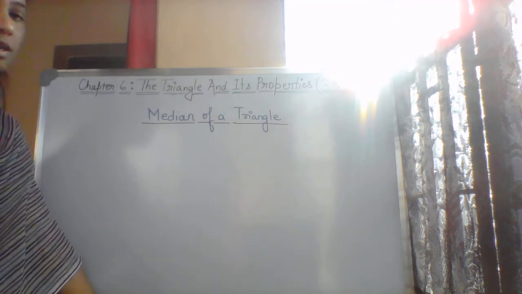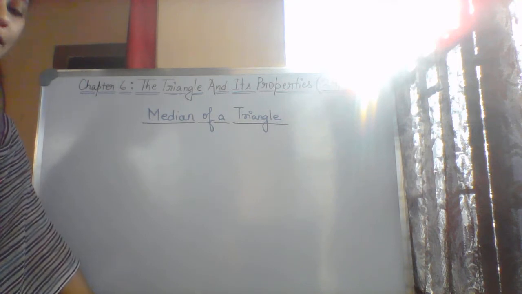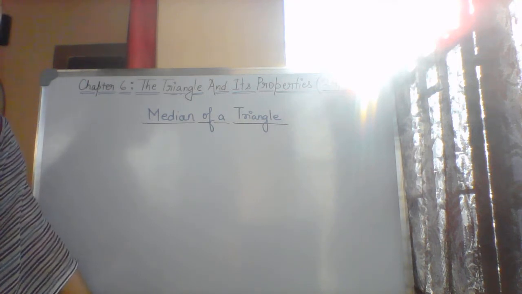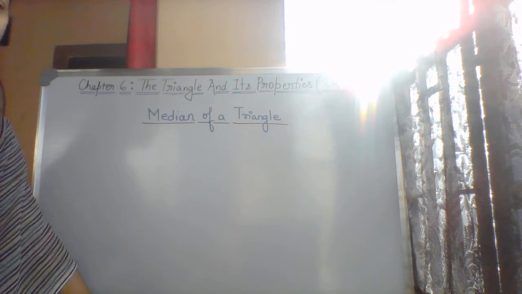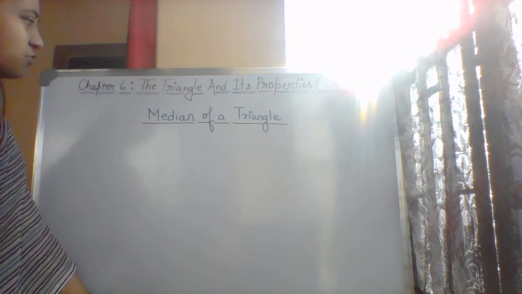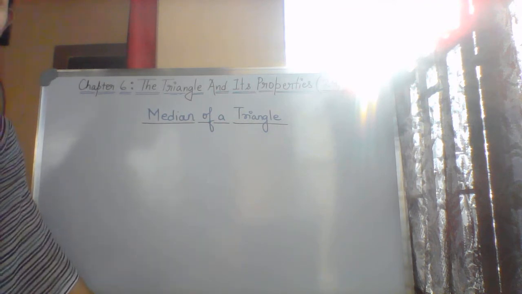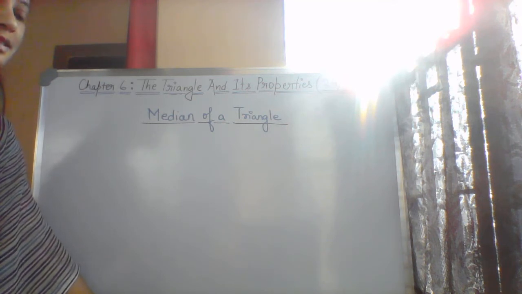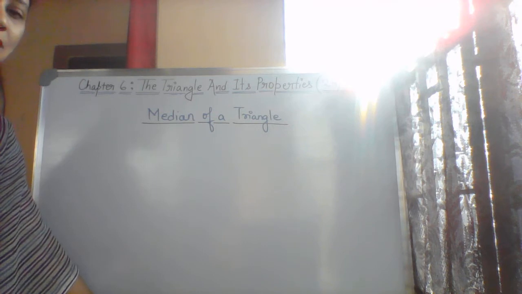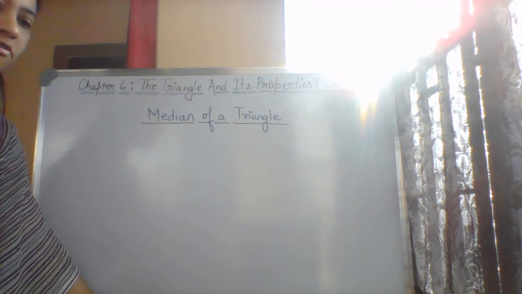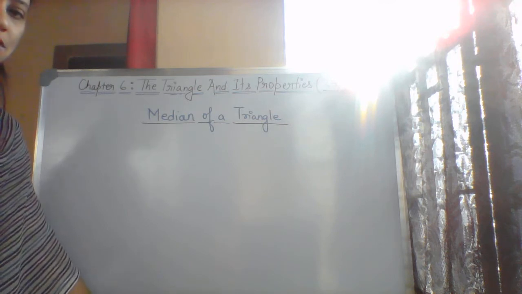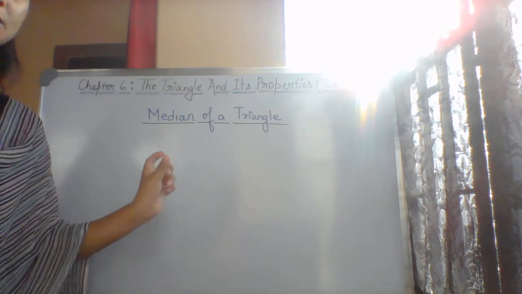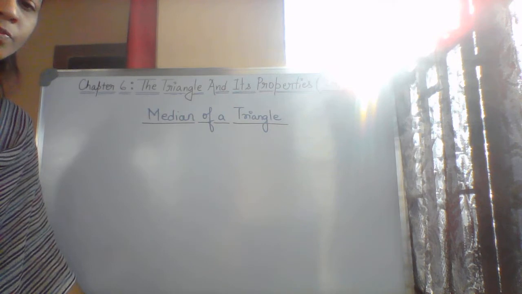Now you can see here, median of a triangle. A very new term. Yes, you are very much familiar with this word median from the data handling chapter, where we did many central tendency calculations: mean, median, mode. So median has a common meaning also, and that meaning will fit here too.